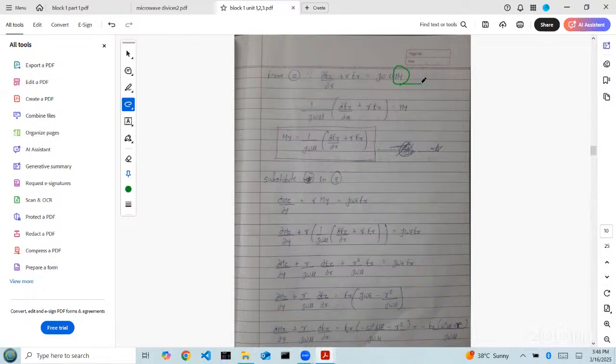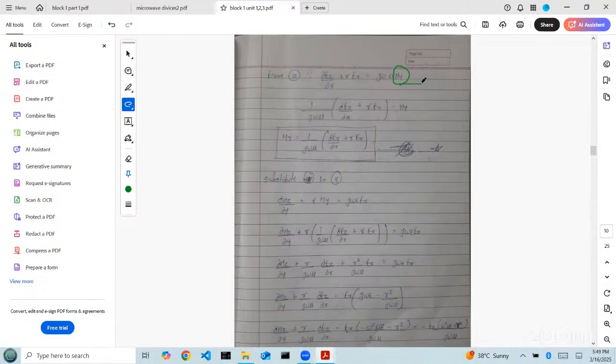Check the textbook. What is the first equation of 3.4? Dou by dou y of Hz plus gamma times of Hy. This Hy, where do we have to put it? Put it in the first equation, and simplify. What will we get? We will get Ex, Ey, Hx, Hy. Now you check how to simplify.